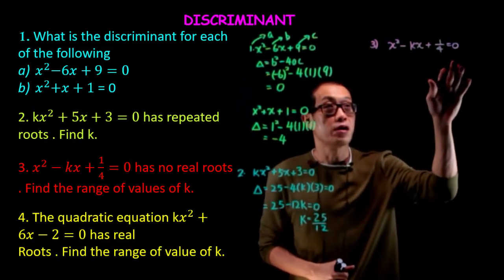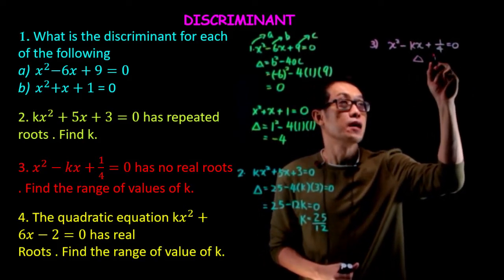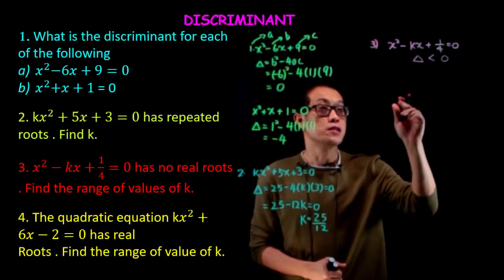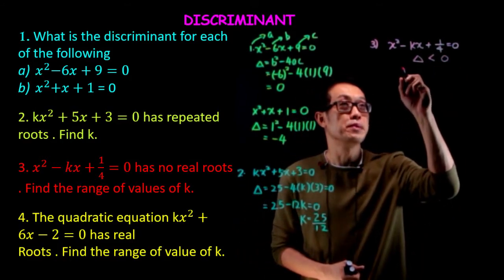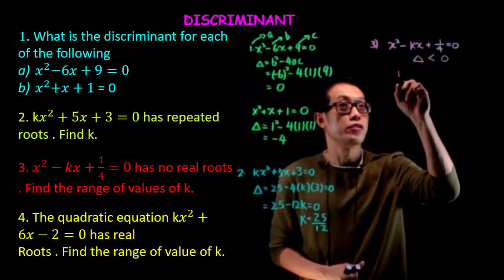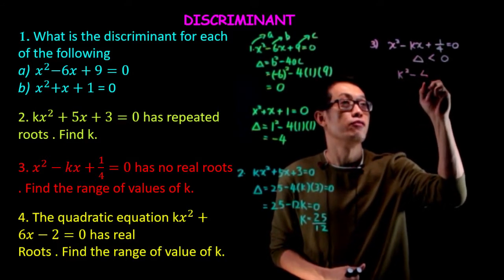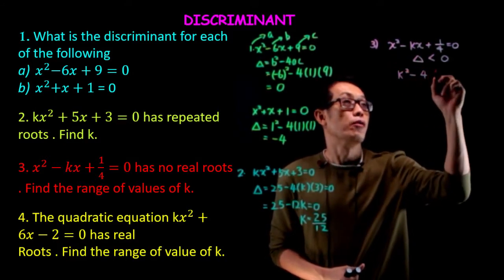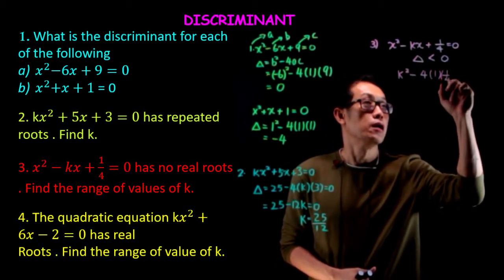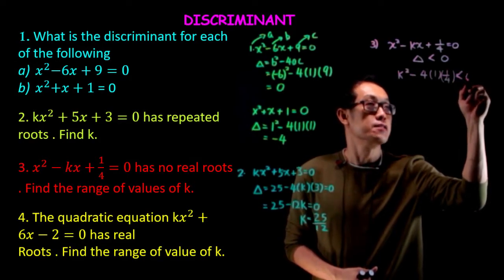If it does not have real roots, that means the discriminant is less than 0. So what is the discriminant? The discriminant will be b squared minus 4ac of this equation. For that you get b squared, so you got k squared minus 4. Now a is 1, c is a quarter. So it must be less than 0.